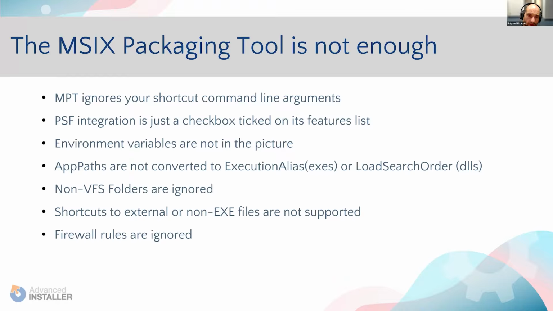Here I've noted just a few examples of the issues that we've seen in packages with the packaging tool. Probably there are others, probably there are scenarios where it's behaving a lot better. But these are common issues where you can have applications with multiple shortcuts that are not configured correctly in the new package generated inside MSIX, mostly losing or ignoring command line arguments, or ignoring shortcuts that are not targeting exe files.